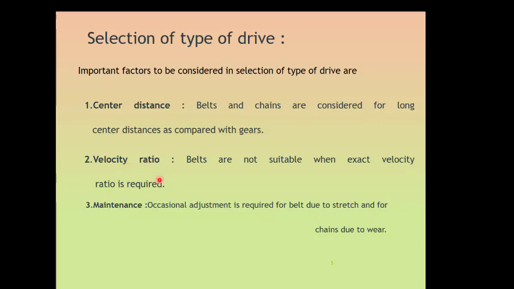Similarly, when the velocity ratio should be constant throughout the process, we go for gear drives. Belt drives are not suitable for that. And maintenance: gear drives have to be maintained by lubrication and for wear, whereas occasional adjustment is required for belt drives. These are the considerations for selecting the types of drives.